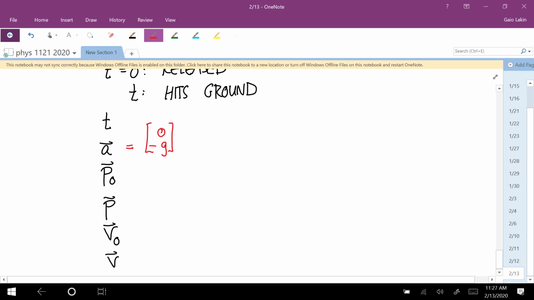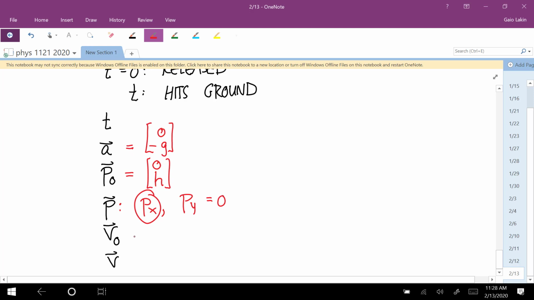At the instant that it's released, the position is 0 for x, positive h for y. We're trying to find px, and py we know is 0 because it hits the ground.